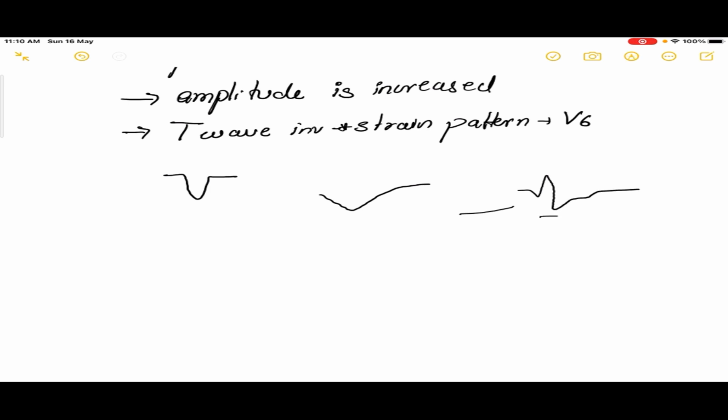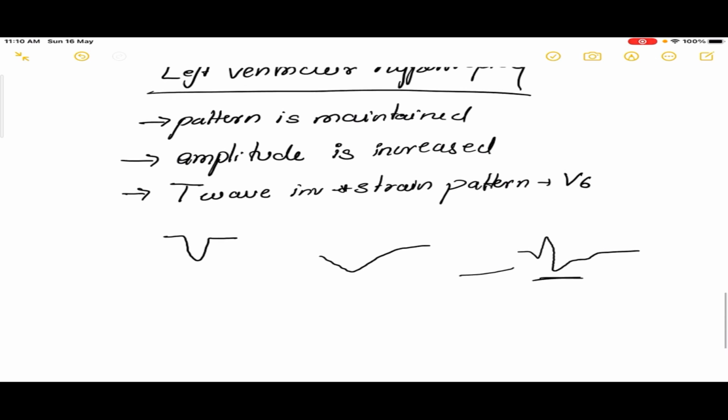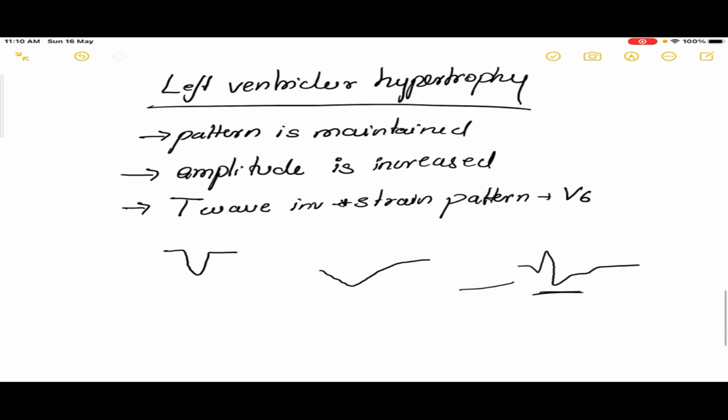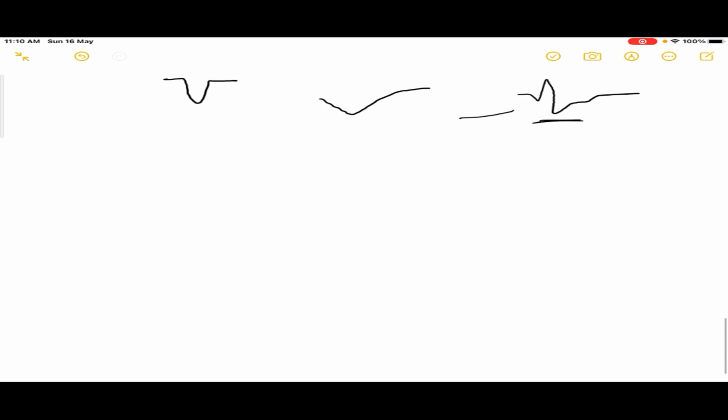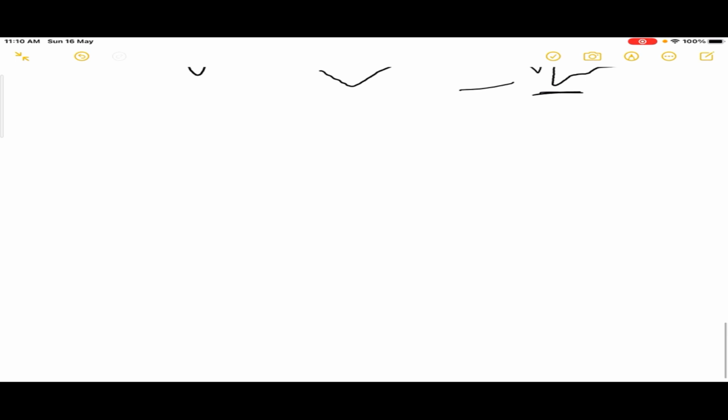So this is the strain pattern which is seen in ventricular hypertrophy. In left ventricular hypertrophy, the pattern is maintained, amplitude is increased, and T wave inversion or strain pattern is seen in V6. There is some objective criteria to say the amplitude is increased.